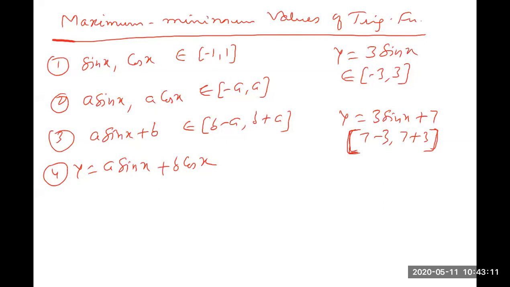Okay, I will explain once again. First you note down so that you can concentrate. So this belongs to minus under root a square plus b square to under root a square plus b square. Closed brackets I'm using.